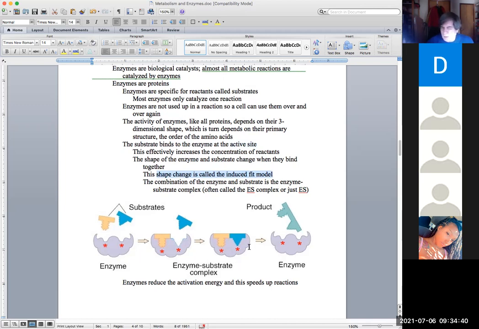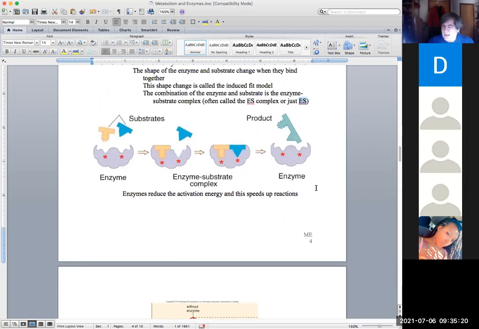Now, notice that when the enzyme grabs onto the substrates, it positions them in a way that is the correct orientation. In this case, kind of the right arm of our golden substrate has to be next to the left arm of our blue substrate. So the substrate grabs these. Once it grabs them, we have something called the enzyme substrate complex, or a lot of times it's just called the ES complex, or even just the ES.